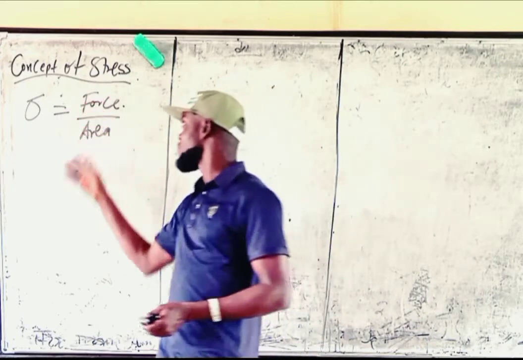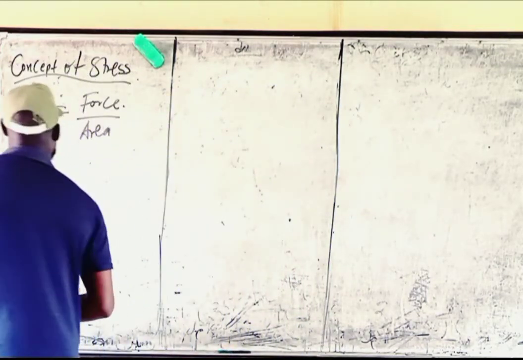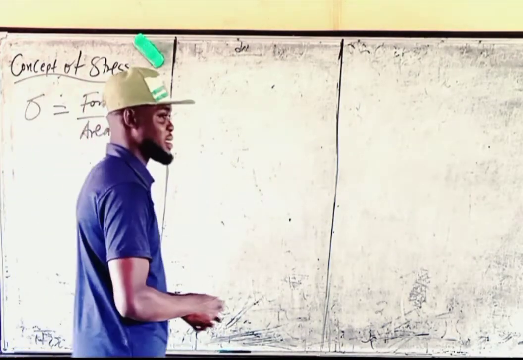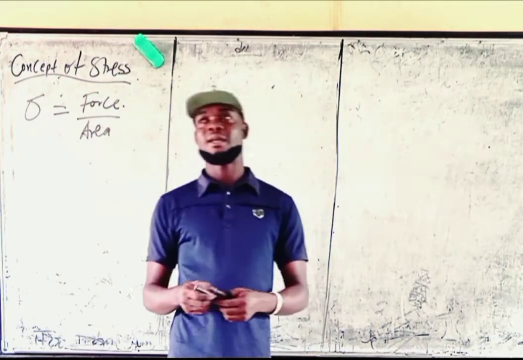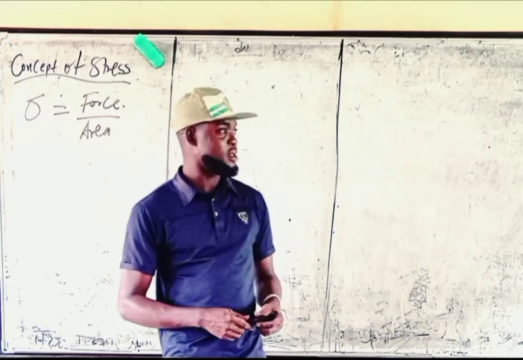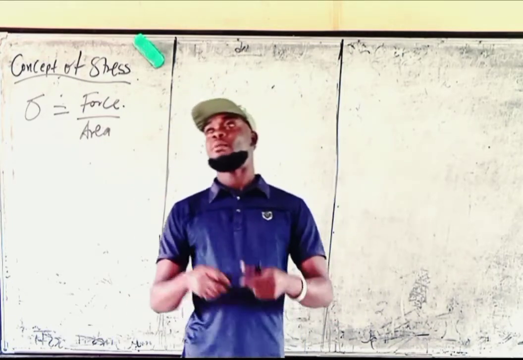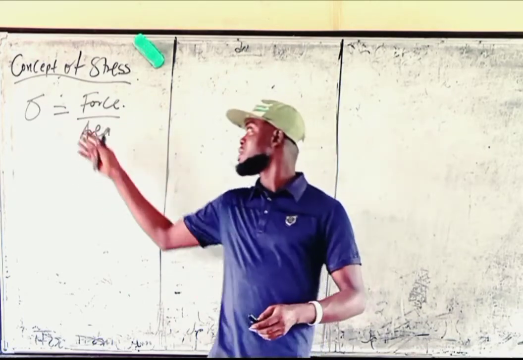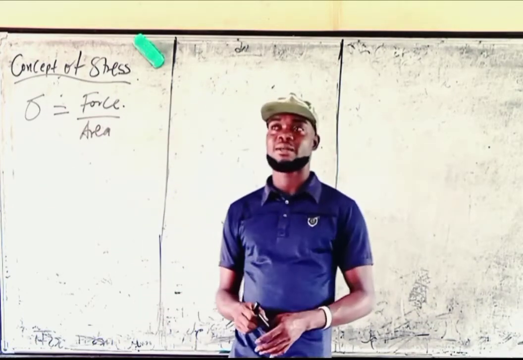We already said stress is force over area, and let's assume we want to calculate the stress in a particular material. Please ensure you know the types of stress we have and this general formula for stress.